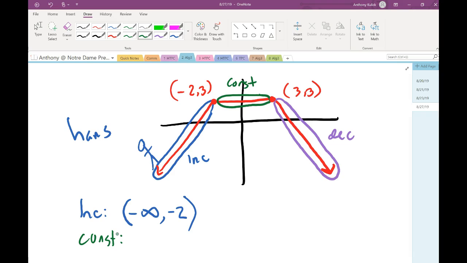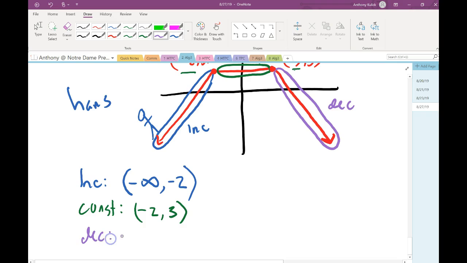So the constant section begins at -2 and then ends at +3. And again, we're not going to include those transition points. When I say transition point, I mean where the graph changes from increasing to decreasing, or increasing to constant, or constant to decreasing. Any point where the graph changes between those three, we're not going to include in any of the three sets.